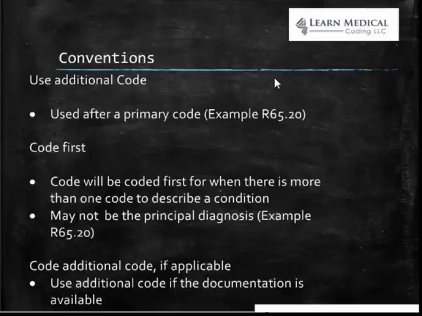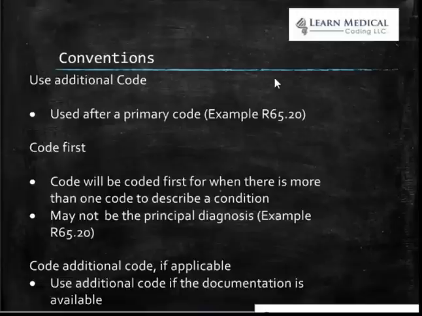It's not specific, as if the patient could have had E. coli sepsis due to E. coli, but in this case, we're saying it's NOS because the documentation did not specify that the severe sepsis was due to E. coli. So you would use the NOS code, which is the unspecified sepsis.